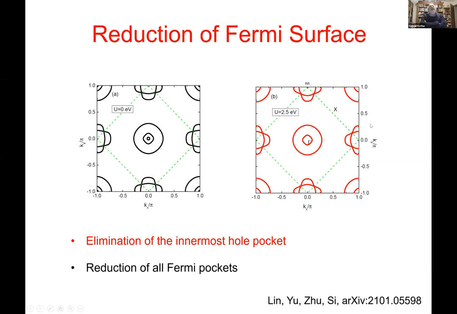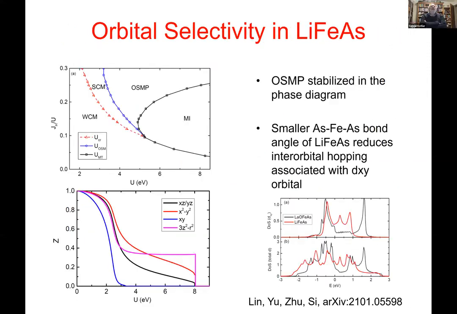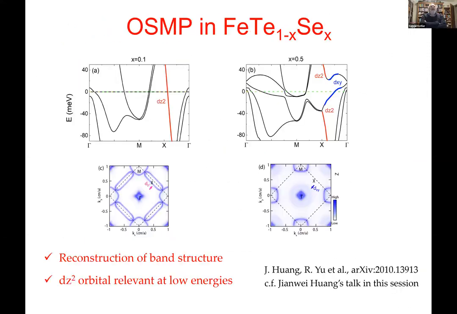Here is another question from an experimental and theoretical perspective. Once you are in the orbital selective Mott phase, are you saying that the experimental Fermi surface violates the Luttinger theorem? No, at least theoretically it's not. Sorry, once you are in the orbital selective Mott phase, you should violate the Luttinger theorem.